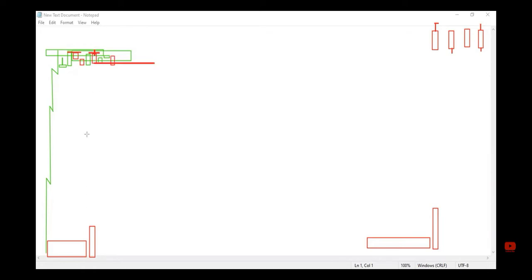When the market creates this type of situation and we get this candle with high volume, then we have to wait for a neckline breakout. If we see the neckline breakout happen, after this type of situation we can expect the next movement of the market in the downward direction. Sometimes the market may create another climax candle here also, here also.